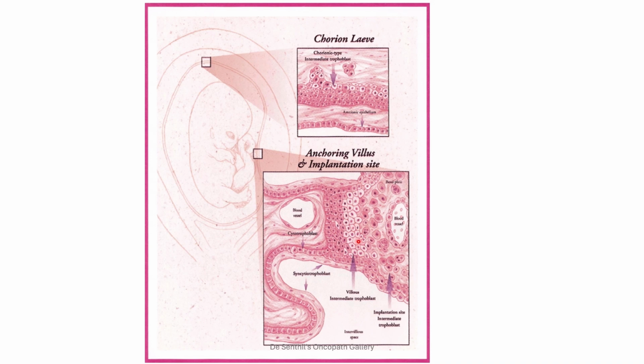And then this is called villus intermediate trophoblast. They are polygonal cells and they have a pale eosinophilic cytoplasm. This villus intermediate trophoblast can further differentiate into two types. One is implantation site intermediate trophoblast and the other one is chorionic type intermediate trophoblast.